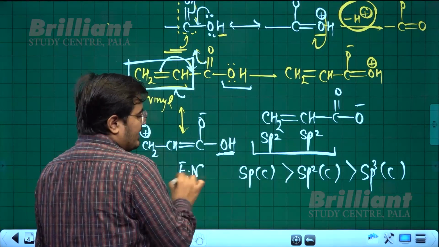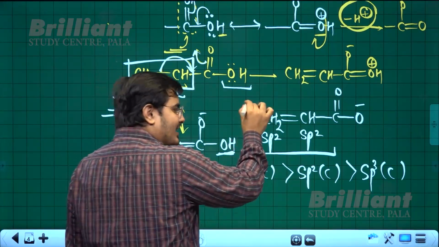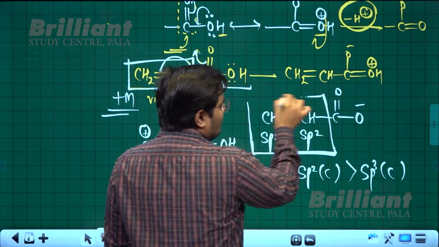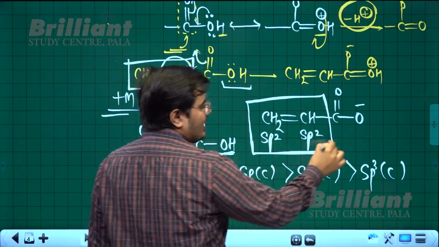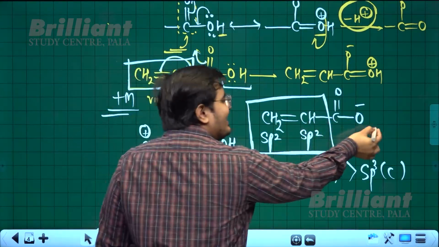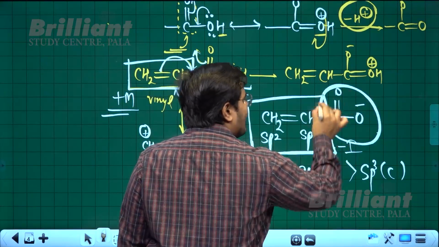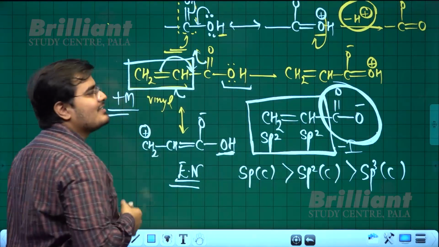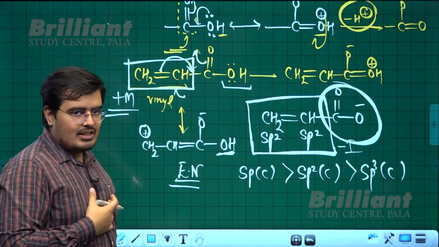So this is the electronegativity order. They say due to the presence of more number of sp2 carbon, they have more minus I effect, which in turn stabilizes the carboxylate anion and hence increases the stability.